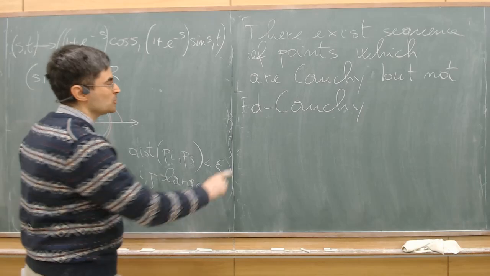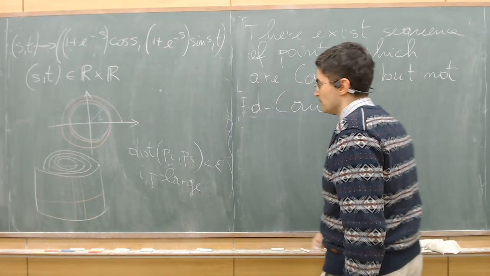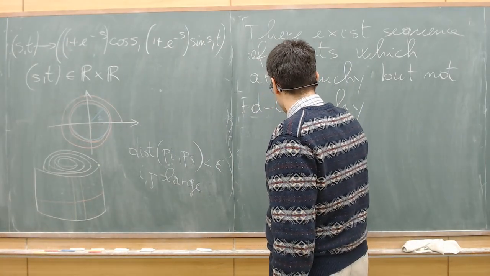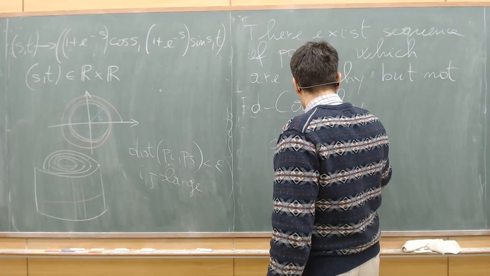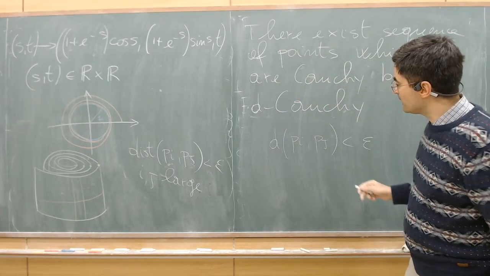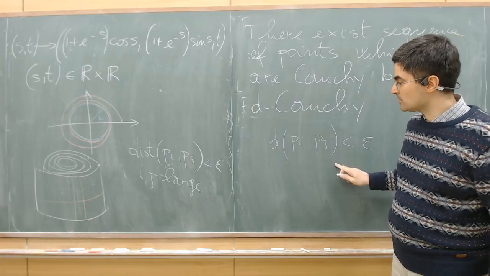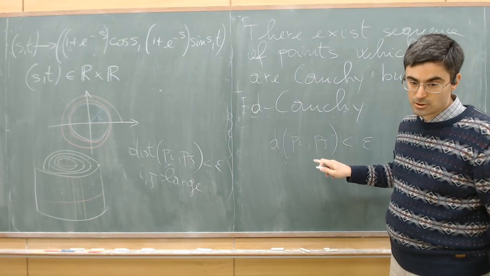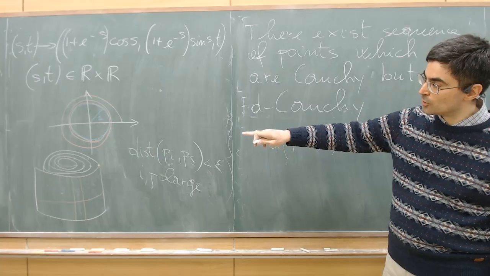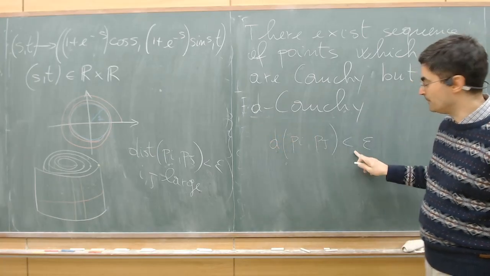Instead, it's not d_S-Cauchy, because you cannot make this distance, which is the intrinsic distance, that is the distance measured on the surface, arbitrarily small.